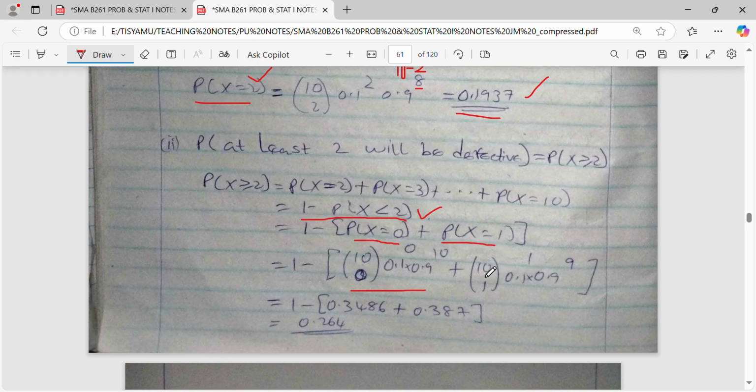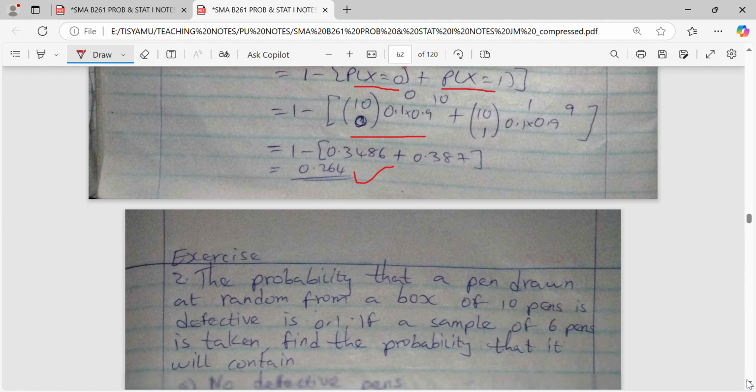So we are going to have 10 choose 1, times 0.1 raised to 1, times 0.9 raised to 10 minus 1, which is 9. Then if you simplify this, you are going to get 0.3486 plus 0.387, so this will be 0.264. So that is the second part of that problem.